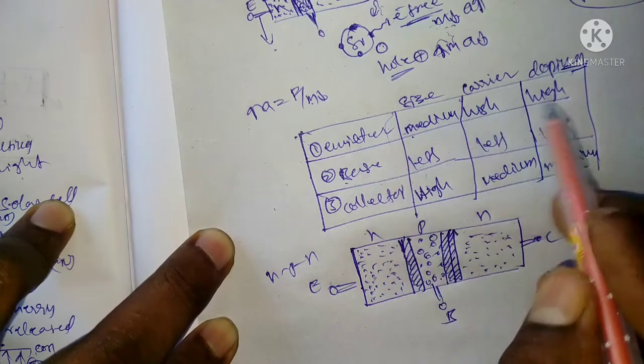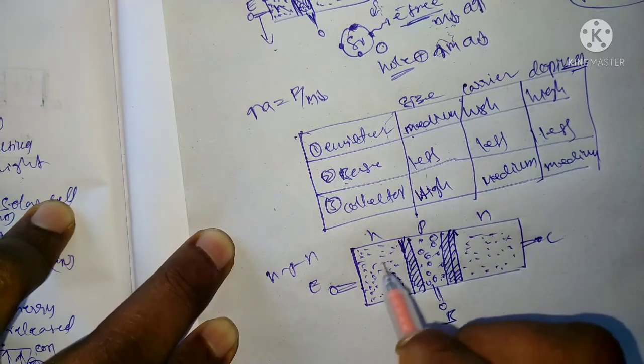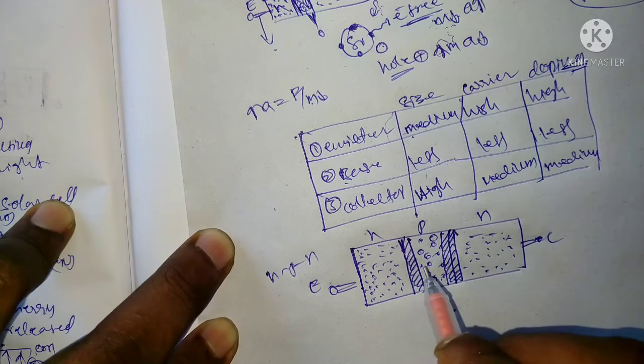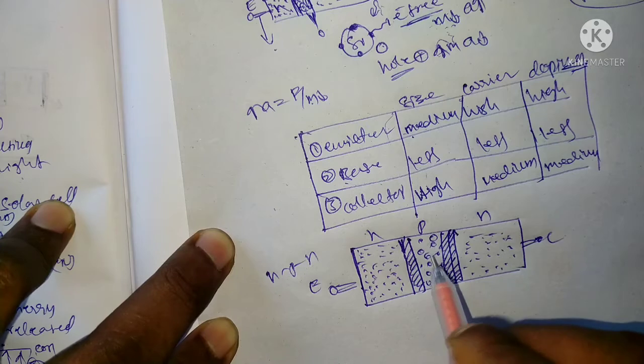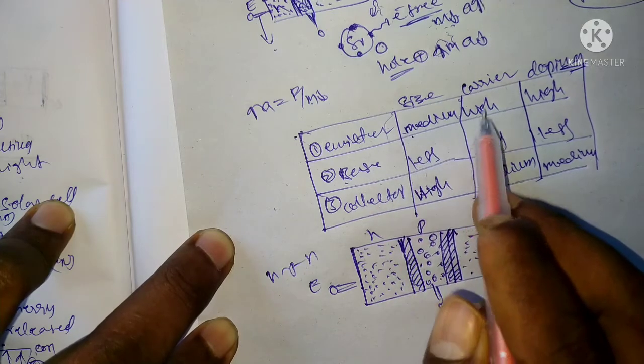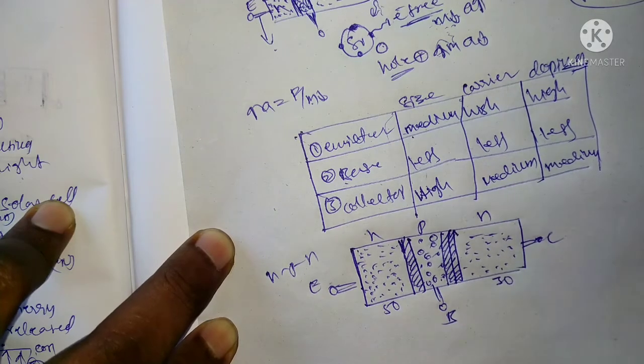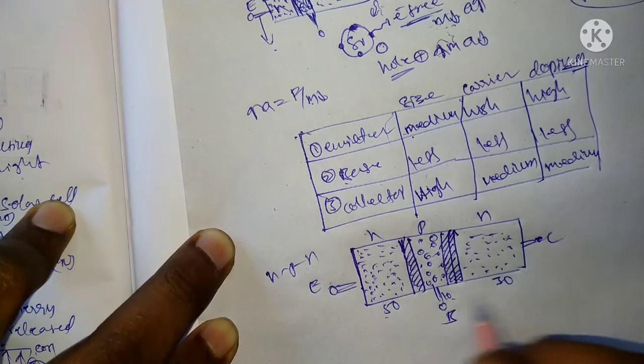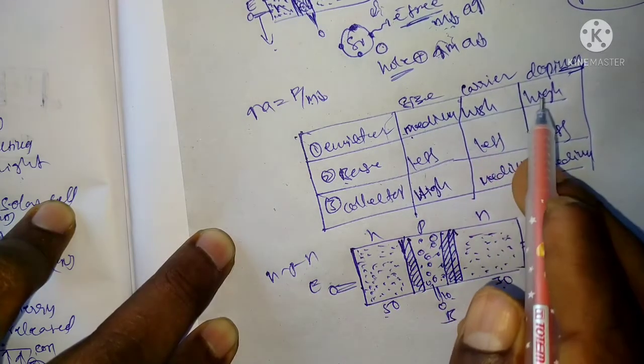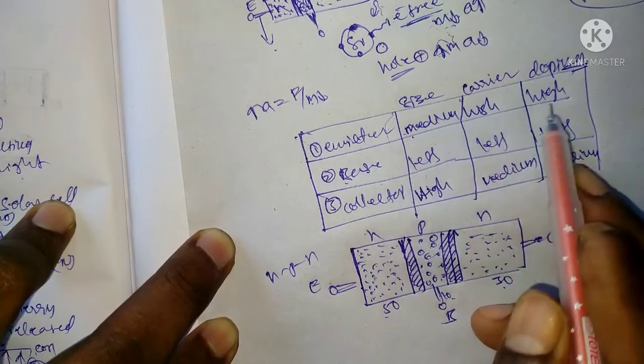Suppose here 50, here 30, here 10. The charge carriers are more in the emitter.